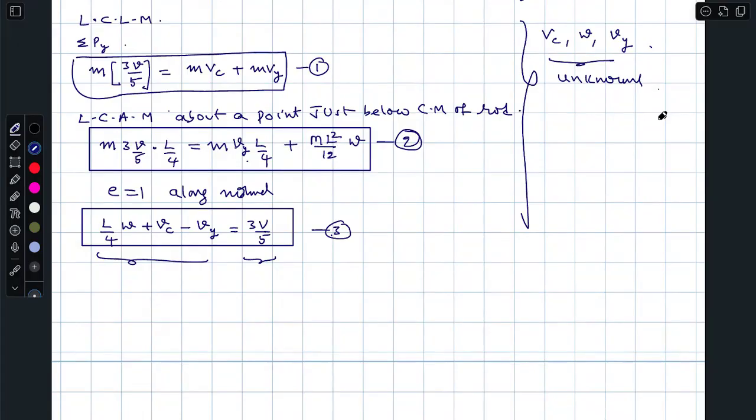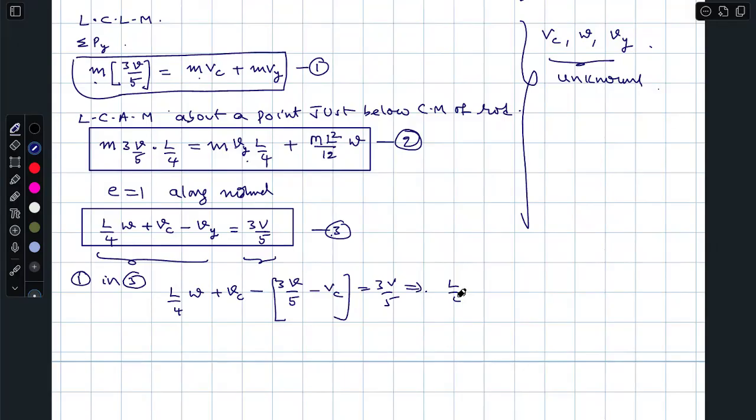One thing I can do, I can use equation 1 in equation 3. L by 4 omega plus Vc. Everywhere you have M, remove all. So in the place of Vy, you can write 3V by 5 minus Vc is equal to 3V by 5.